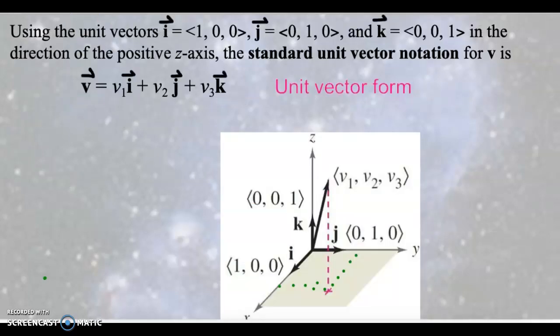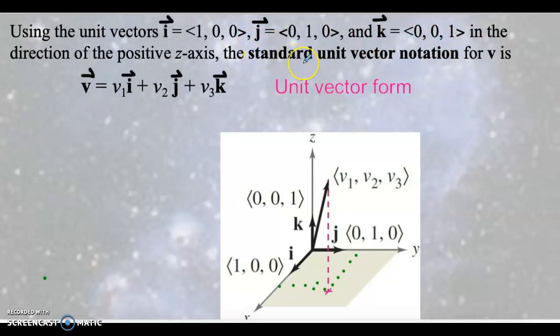We can also talk about things in terms of their unit vectors. So the unit vector I, again, was how much it's going 1 unit out in the X direction. Vector J is how much it's going 1 unit out in the Y direction. And vector K is how much it's going 1 unit up in the Z direction.